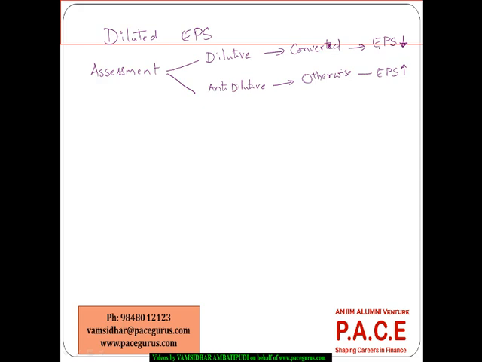Only when it is a dilutive security should I look at including it in the weighted average computation. If it is an anti-dilutive security, I will not include it in the computation of the weighted average number of shares. So, to revise, the basic EPS formula is net income minus the preference dividend, divided by the weighted average number of shares.